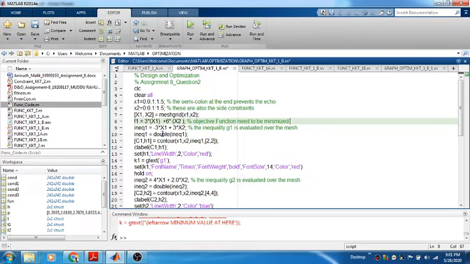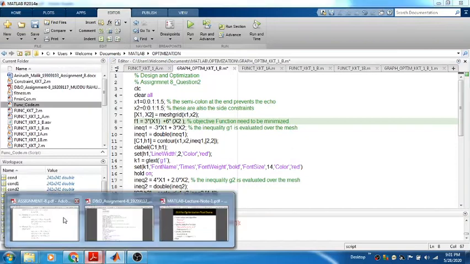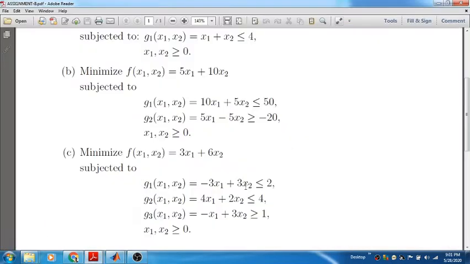Now we have the inequality functions, that is, subject to what? The first constraint is the inequality function: minus 3x1 plus 3x2, which is less than or equal to 2. First of all you need to define it in this form.